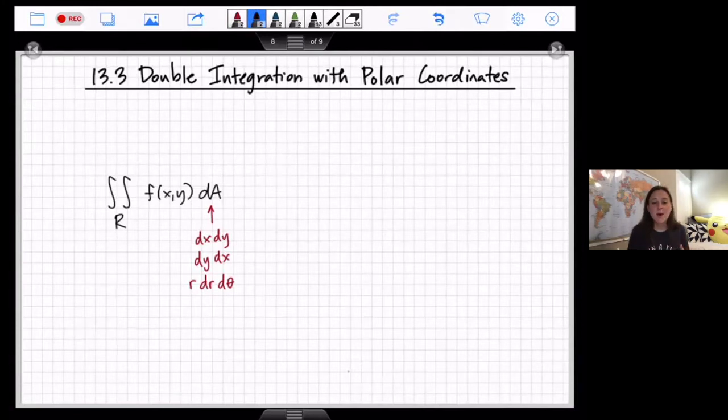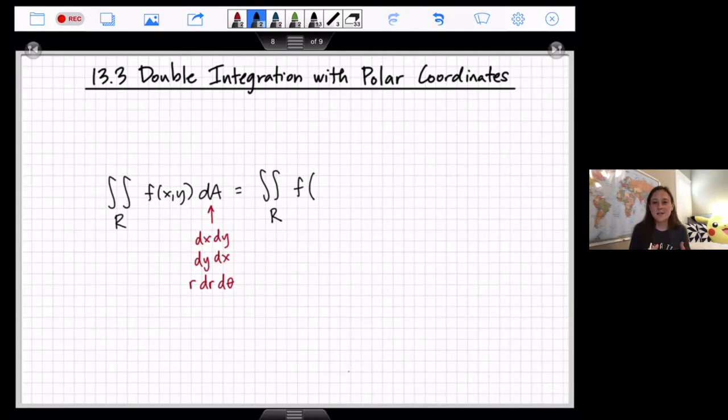So if you're going to rewrite a rectangular integral in terms of polar coordinates, we're still going to be integrating over the same region. We'll have to change it to look like a polar region, but we're also going to have to change the function to look like polar coordinates. We're going to have to get rid of all the x's and y's and transfer them over to r's and thetas. So the way that we're usually going to do that is with our conversion formulas. Instead of saying x comma y, I'm going to write the formulas for x and y in polar coordinates.